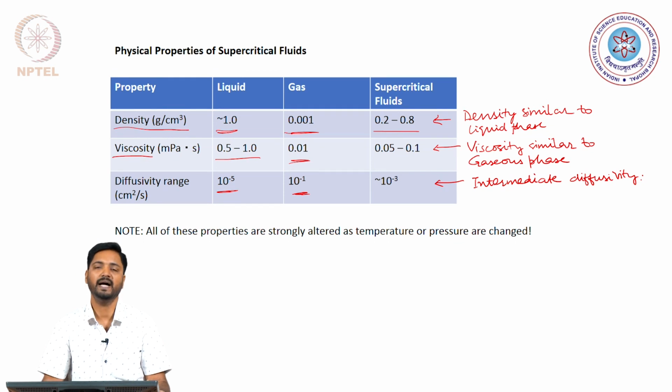So, as we see, the physical properties of supercritical fluids are pretty unique and very different from that of either the liquid phase or the gaseous phase, and they are more intermediate, a combination of the two states that result in a supercritical fluid phase.